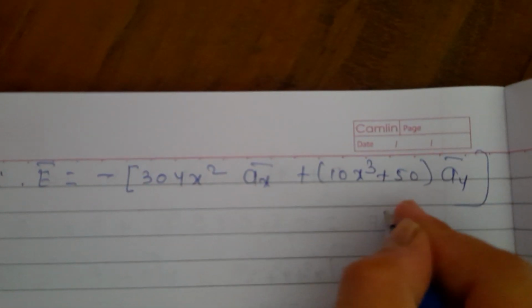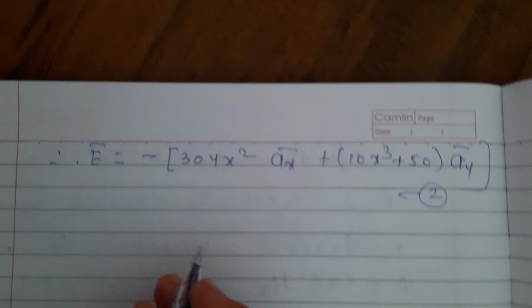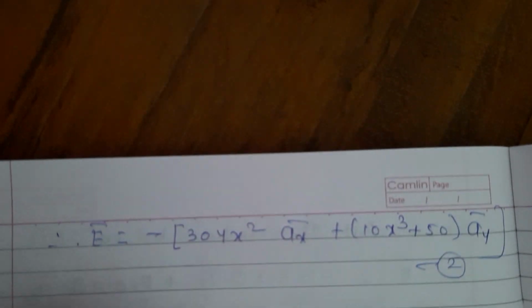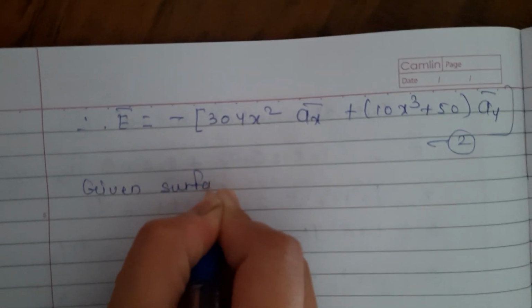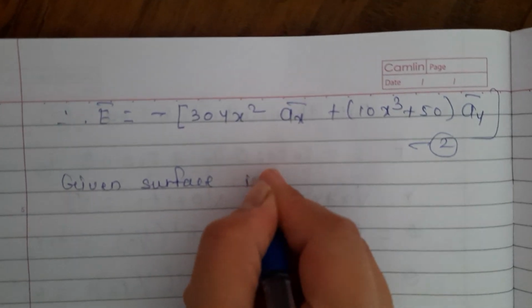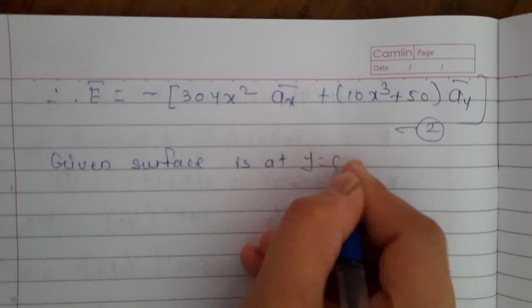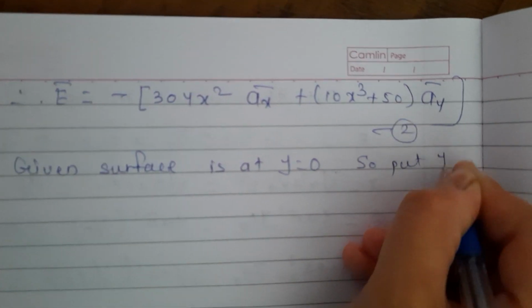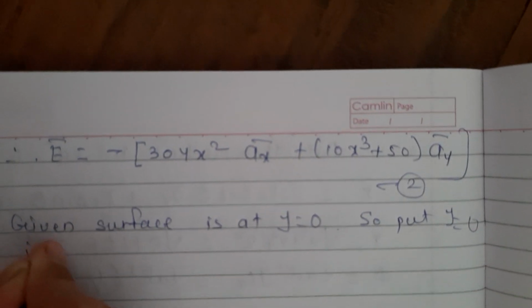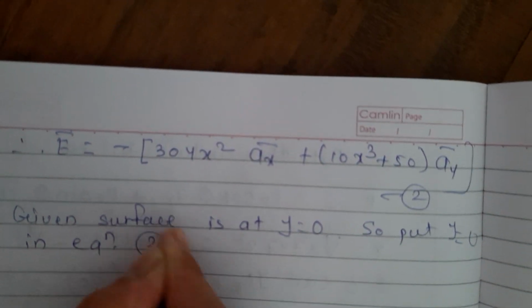This is equation 2. Now the given surface is at y equal to 0. So put y equal to 0 in the above equation, that is in equation 2.